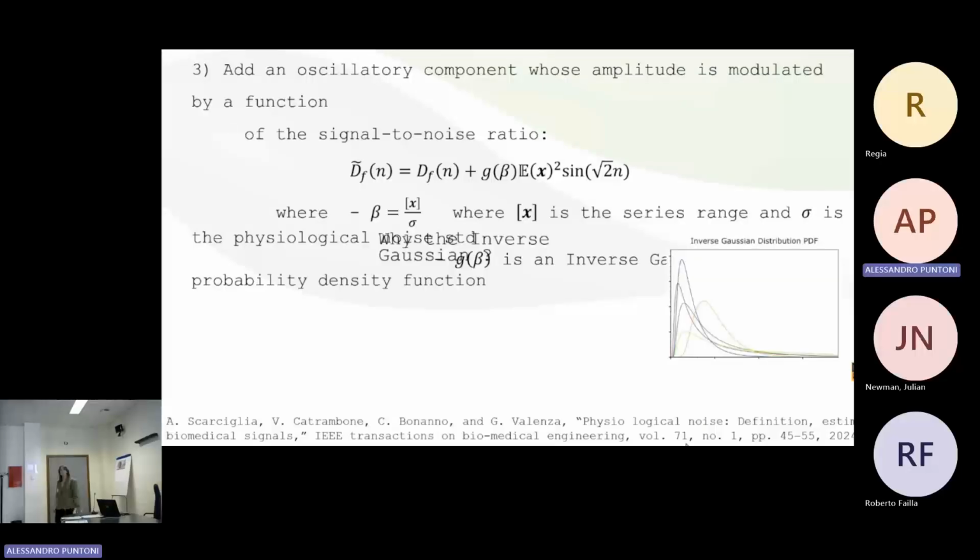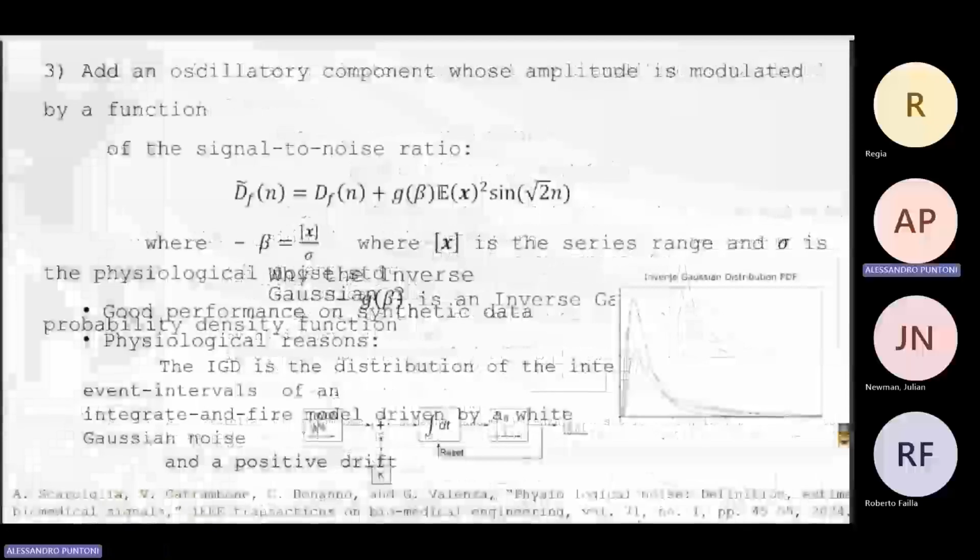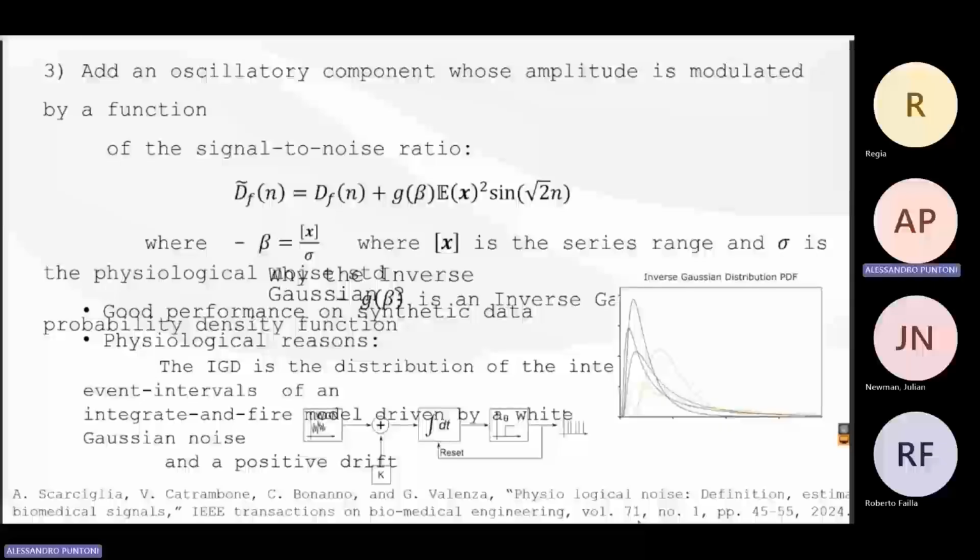Why this choice? There are two main reasons. The first one is that it produces good performance on synthetic data, really good performance. And the second is a physiological reason, since the inverse Gaussian is the distribution of the intervals of an integrate-and-fire model driven by white Gaussian noise and a positive drift.